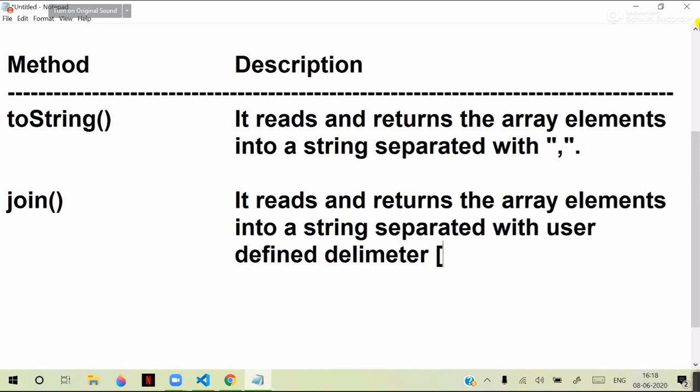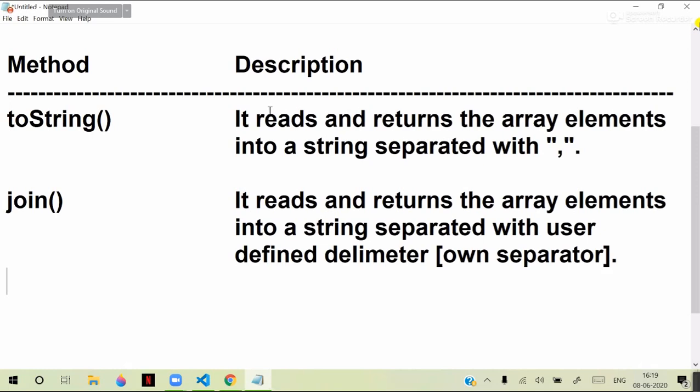Delimiter means your own separator, whatever separator you have defined. So you can read the values from an array by using toString and by using join.